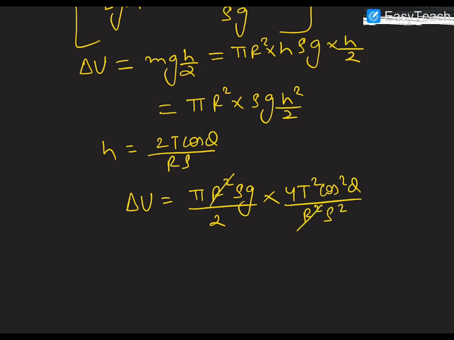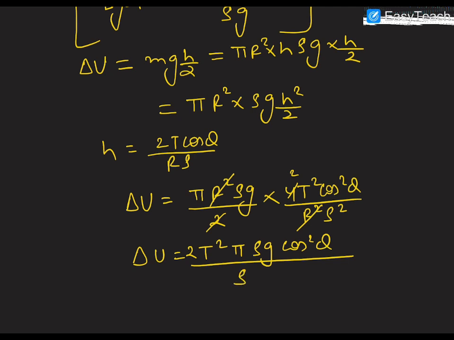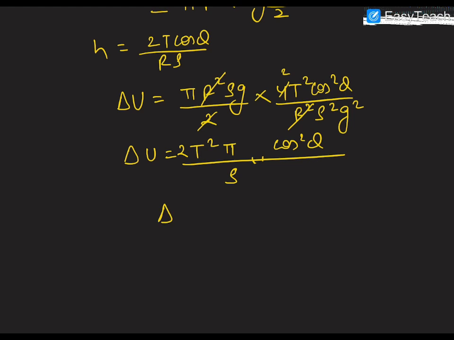Cancelling this r square with r square, this 2 with 2, and cancelling rho g, there will be a rho g term in the denominator. So you can see that this delta U is 2T square pi cos square theta by rho g.